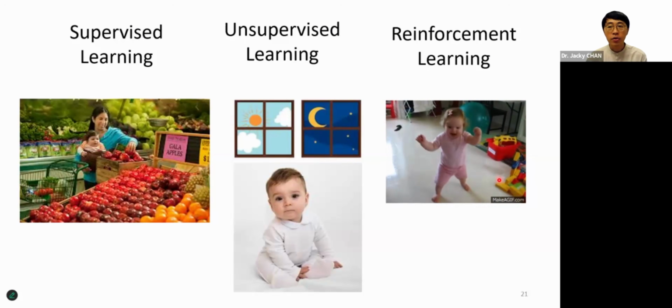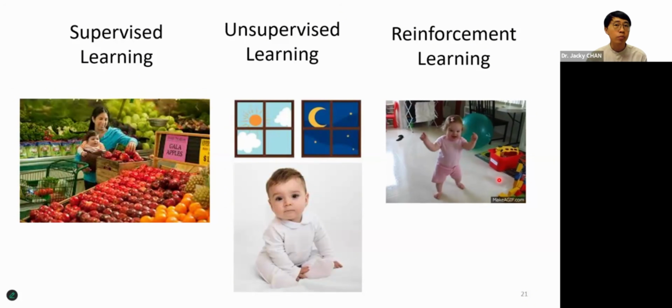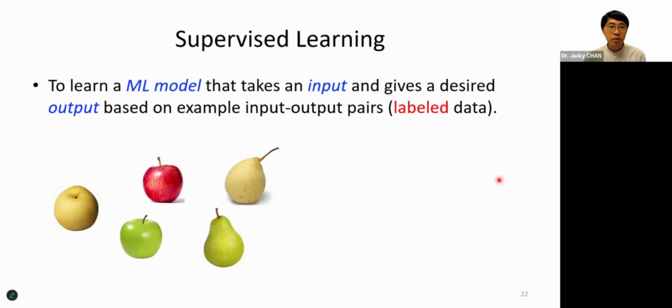So that is how humans learn. How about machines? We start with supervised learning. Supervised learning means the model learns from the given inputs and also the desired outputs, based on example input and output pairs.